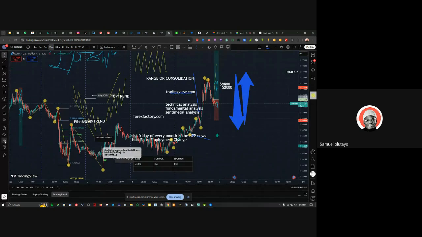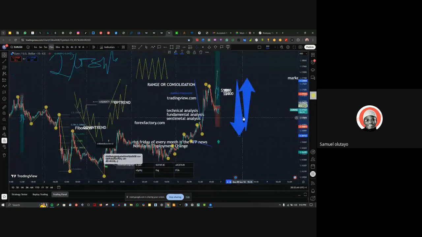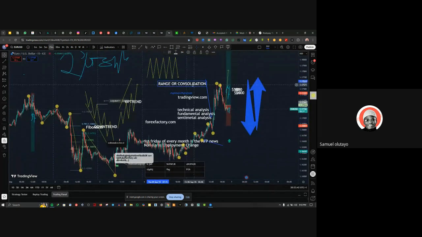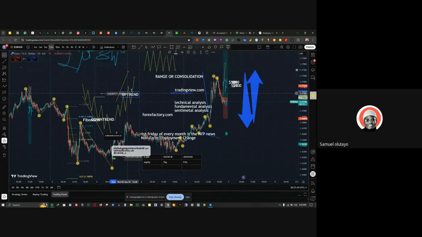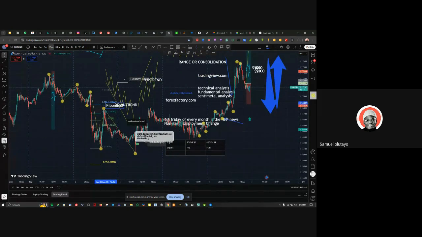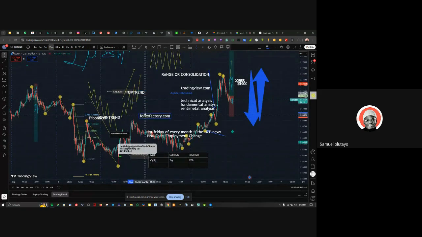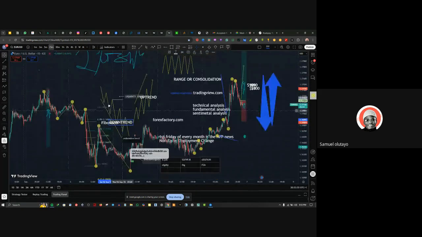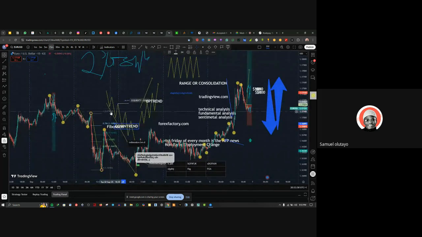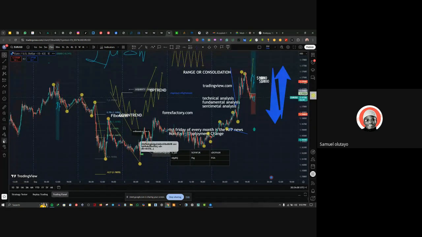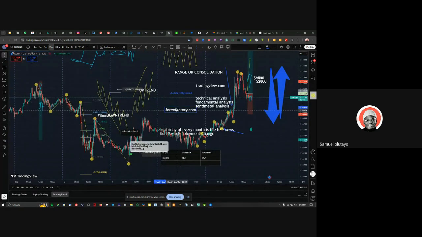If I click on lock, I won't be able to move any of it or delete anything. Everything I've written is going to be there. It's locked until I unlock it, and then I can move them around or delete them. So that's what lock is for. You click on lock, you're not able to move anything or delete anything from the chart, until you turn it off, then you can move it around.